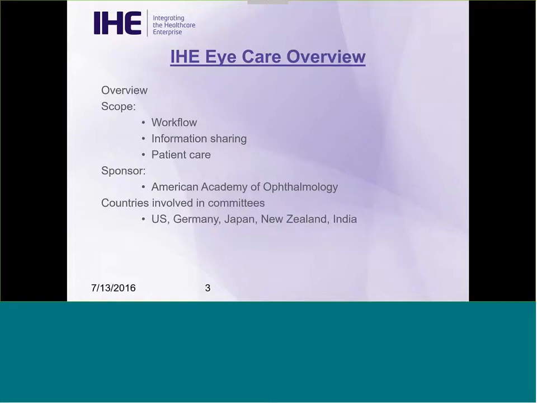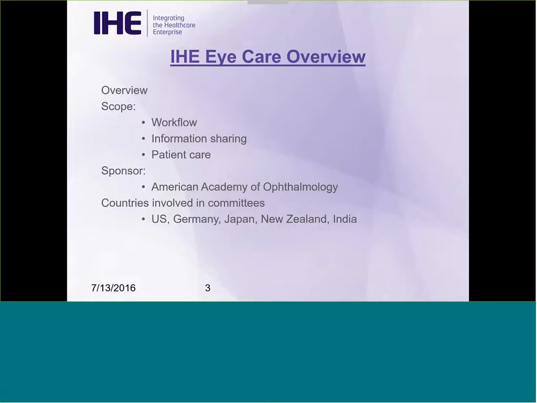Okay, so let's do a little bit of an overview of IHE. First, the scope. We really deal with multiple types of communication between different products, but there are two areas that we focus on. One is workflow, and that workflow is typically done within a clinic. So it's the workflow between practice management systems, EHRs, archives, acquisition devices, the instruments and things like this.